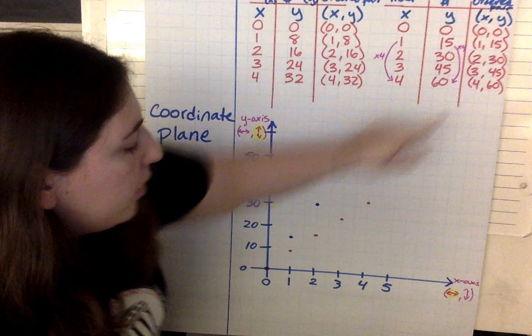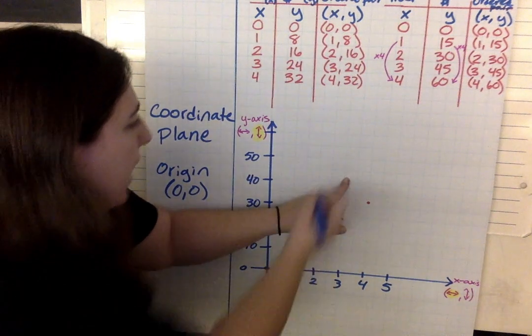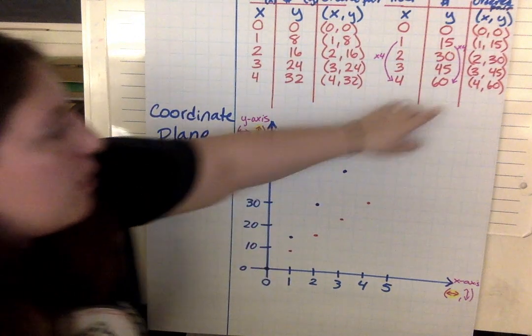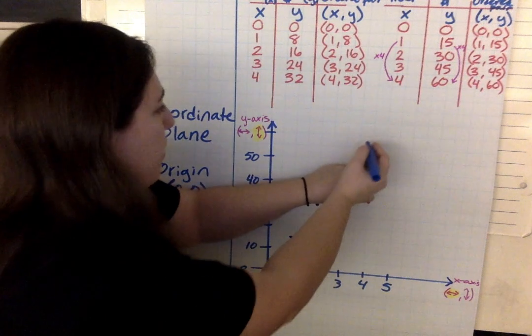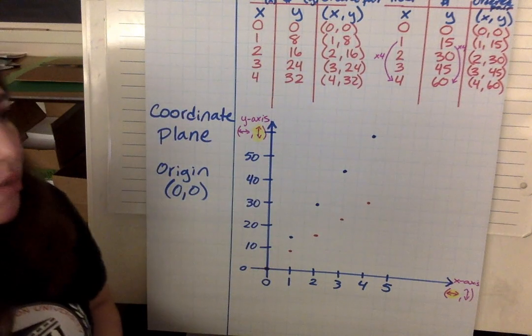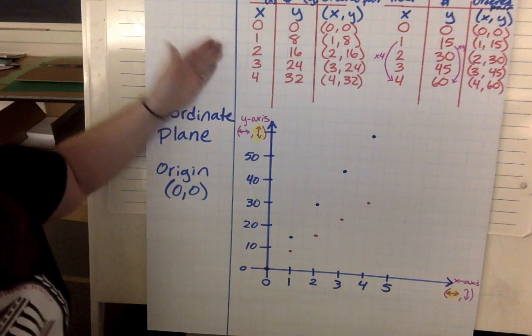Next point, 3, 45. So here's my 3. I'm going to go up to 45, which is in the middle of 50 and 40. And then my last point, 4, 60. I'm going to go all the way up to 60. Okay. So that is how you graph ratio tables.